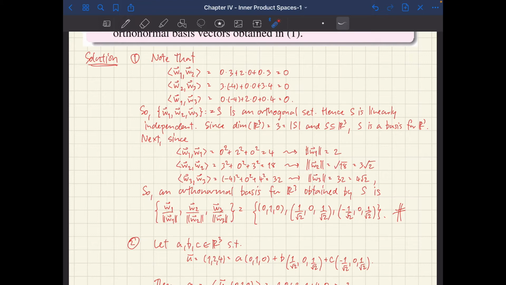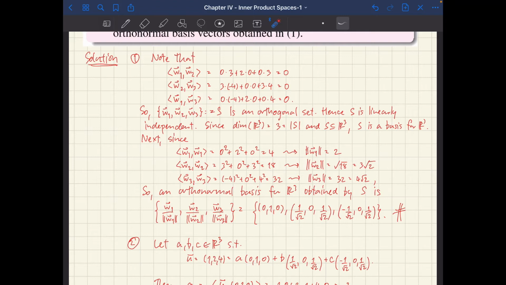Then we normalize each vector, so the set of W1 over norm W1, W2 over norm of W2, and W3 over norm of W3 is equal to this set, and this set is an orthonormal basis for R3. So this is the answer for question number 1.